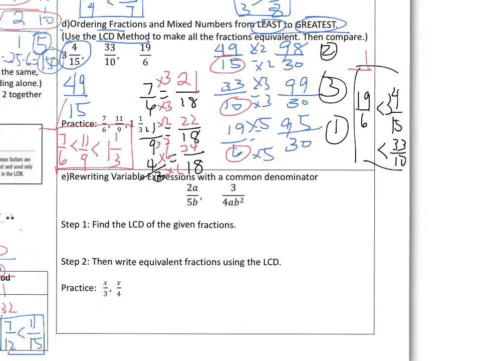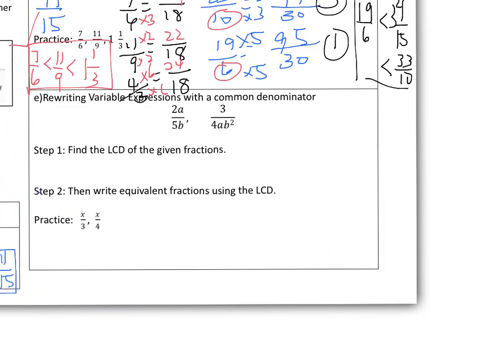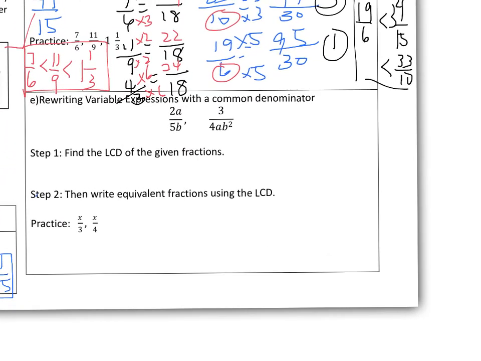And now we're moving to the last part. Here we need to rewrite variable expressions with a common denominator. Our goal is to change the denominators for both fractions so they have a common denominator. How do we do that? We need to find the LCD, which is the same thing as finding the LCM of the given fractions.